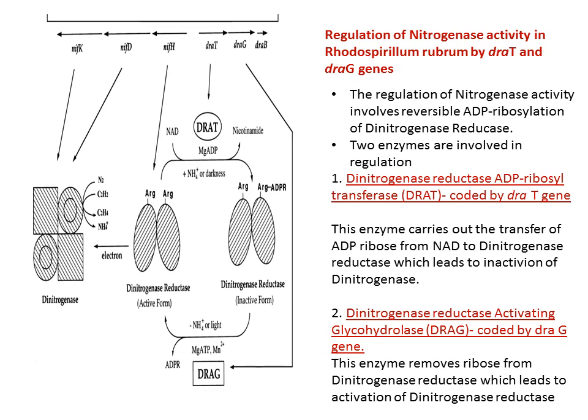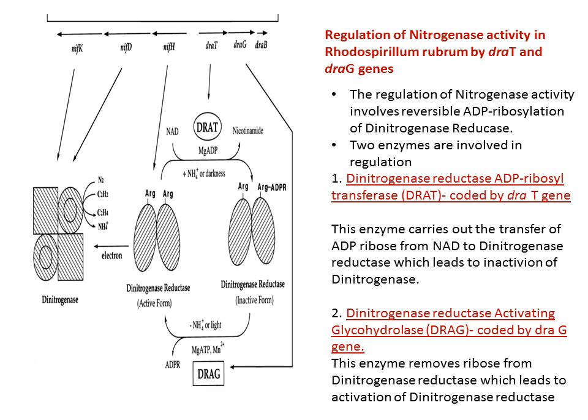This ADP ribose gets attached onto the dinitrogenase reductase enzyme, which leads to the inactivation of dinitrogenase. That is the role of the DRAT gene.